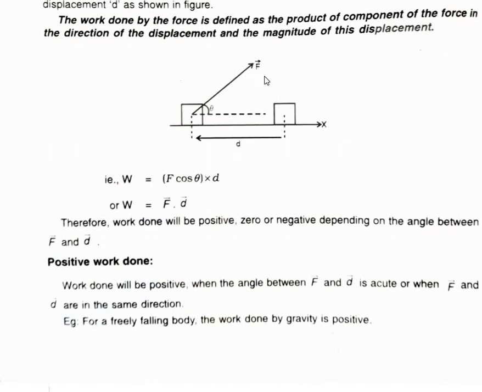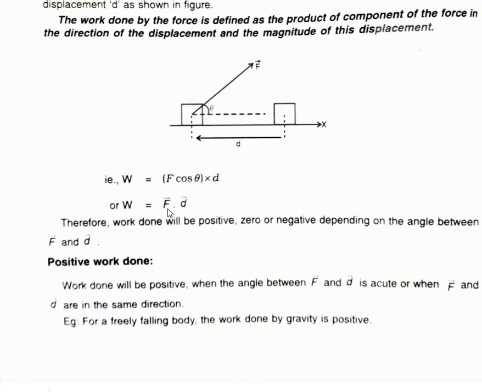The component of the force in the direction of the displacement is F cos theta, where theta is the angle between the force and the displacement. So the work done is F cos theta times D.